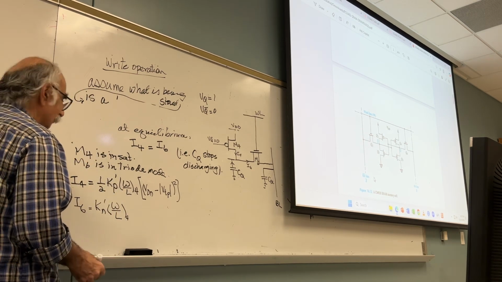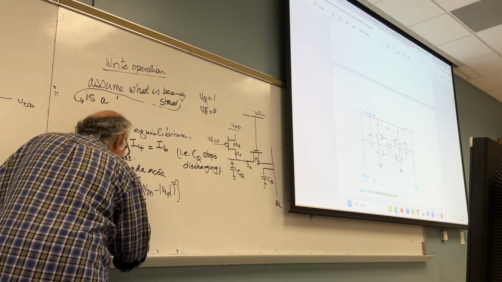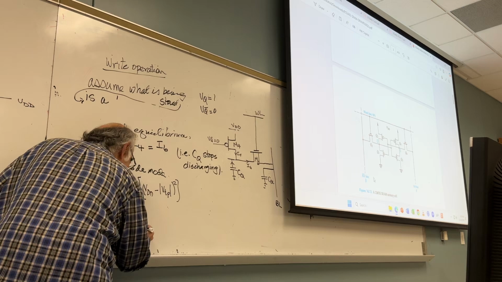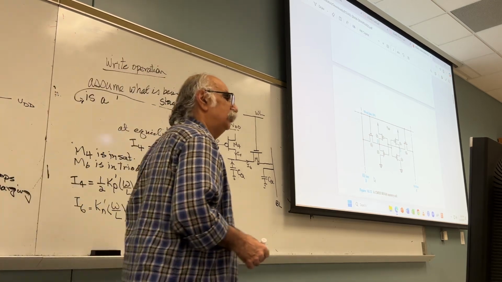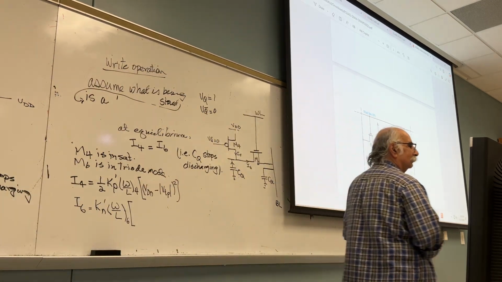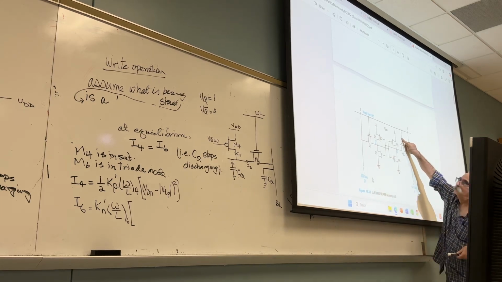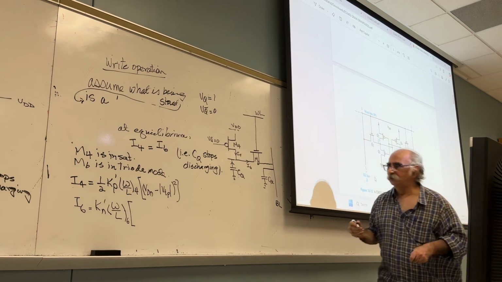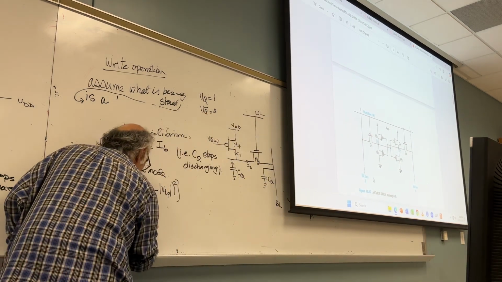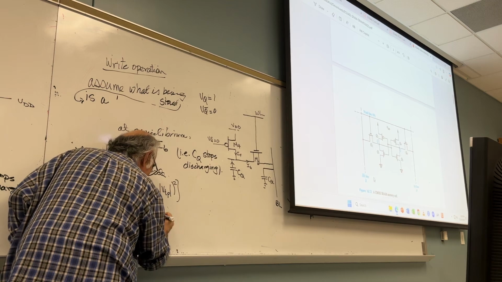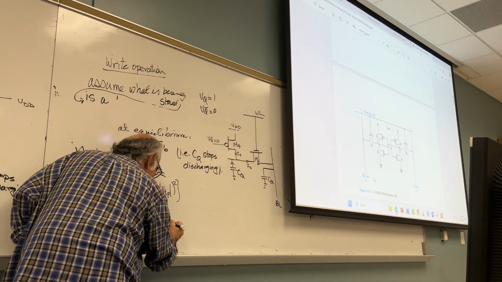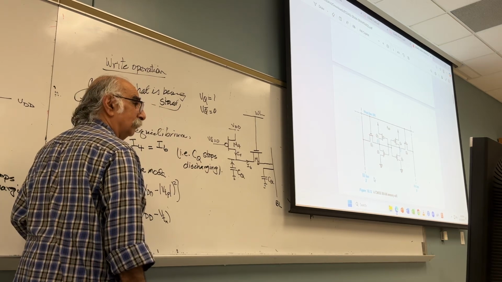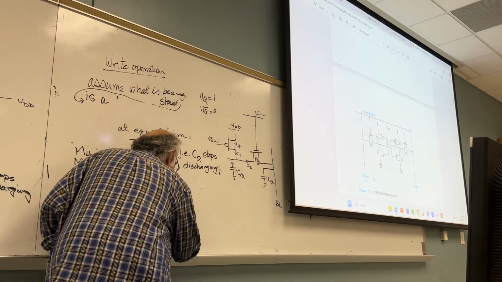For this, is that for M6? VGS: what is VG? VDD. What is the S? 0. So what is it? Is there a body effect? No body effect. You follow me or not? Multiply by VDS.